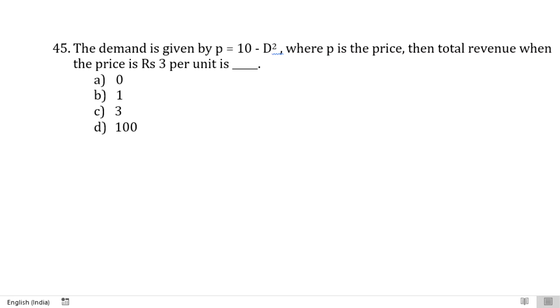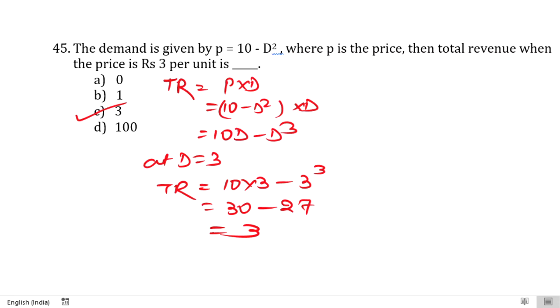Total revenue is price into demand, right? So total revenue is price into demand, that is 10 minus d square gets multiplied with d, that gives me 10d minus d cube. At d is equal to 3 when the price is rupees 3 per unit.